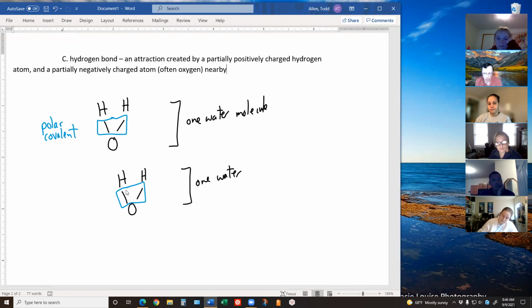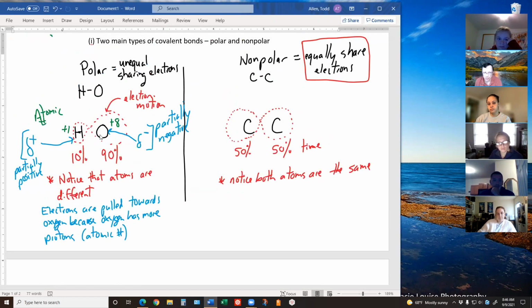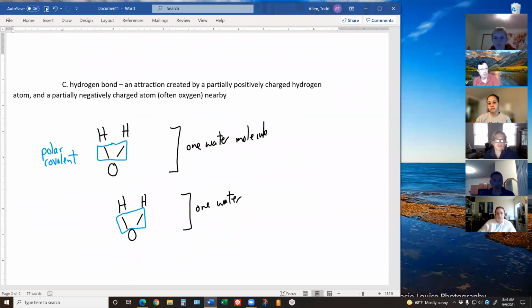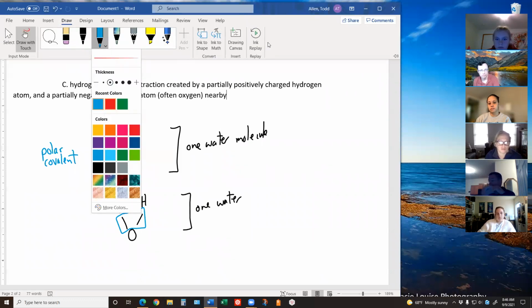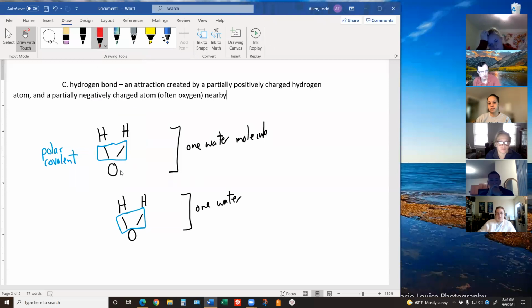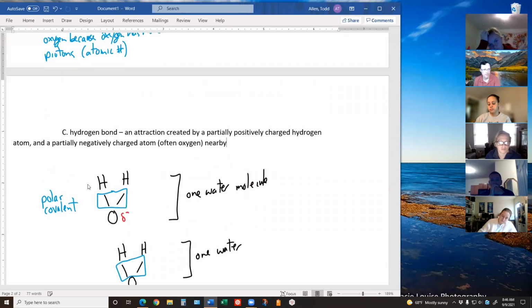Now, what we know from our previous conversation just a moment ago is that when you have a polar covalent bond between a hydrogen and oxygen, the electron of hydrogen spends most of its time around oxygen, which causes the oxygen to take on a partial negative charge. So I'm going to draw partial negative charge.